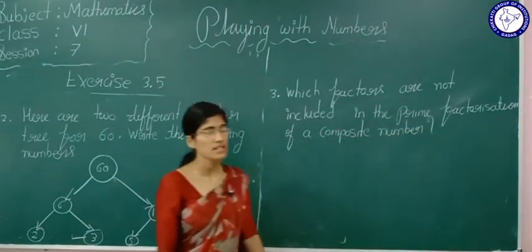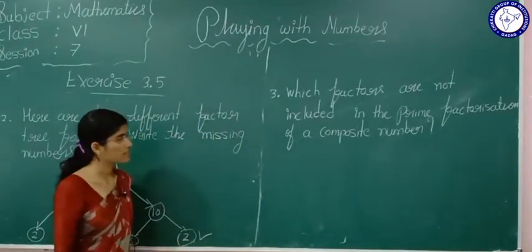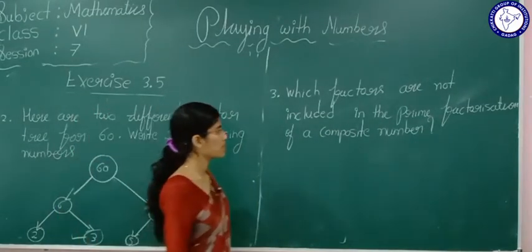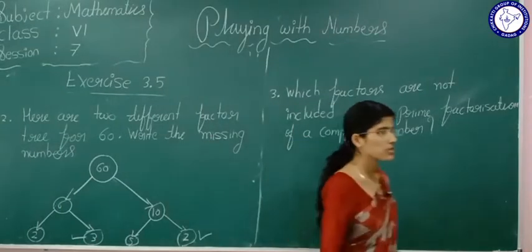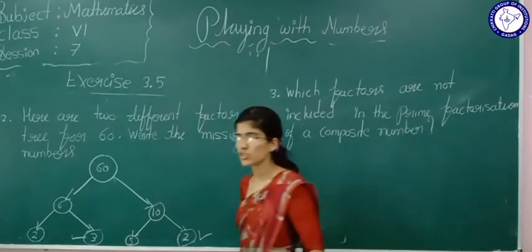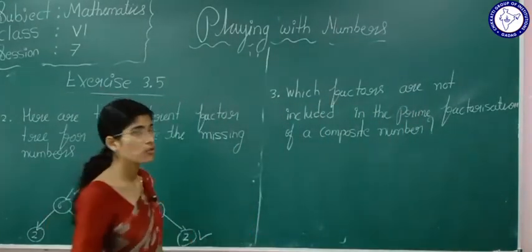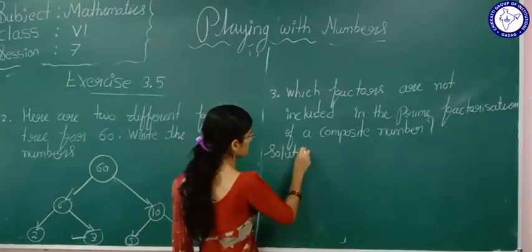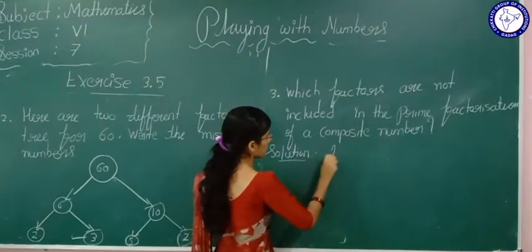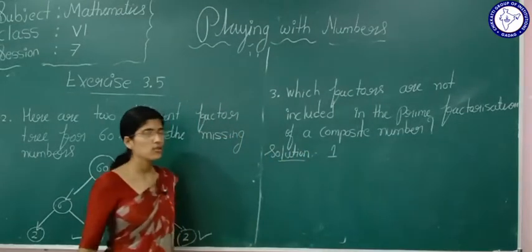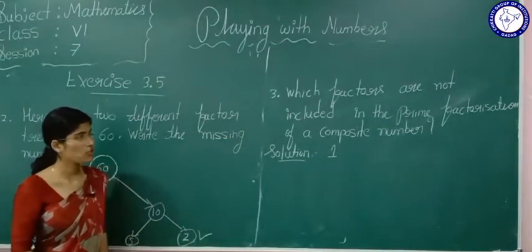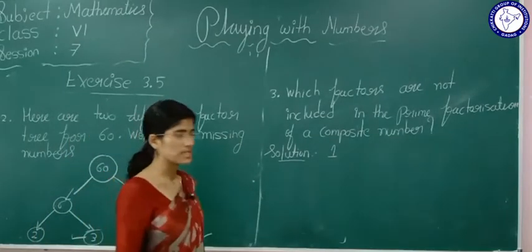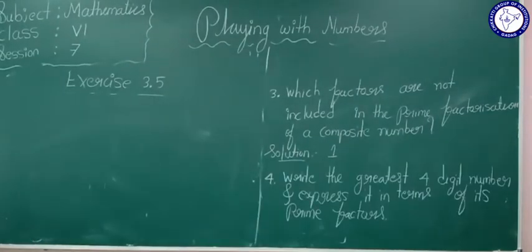See what they have asked here. So tell me, students, which factor is not included? The answer is 1. Yes or no? 1 is not included in the prime factorization of a composite number. Is it true? Yes.